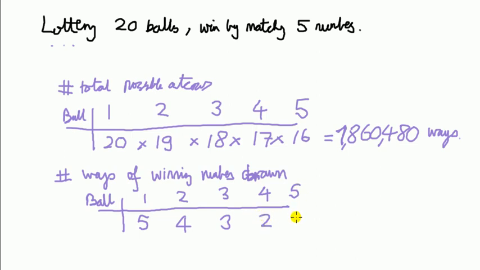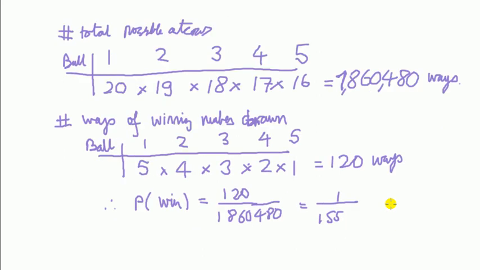There's only 1 winning ball left among the rest of the balls. That's 1. And FTC says that the total number of ways of doing that is the multiple of all these guys. And that comes out to be 120 ways.